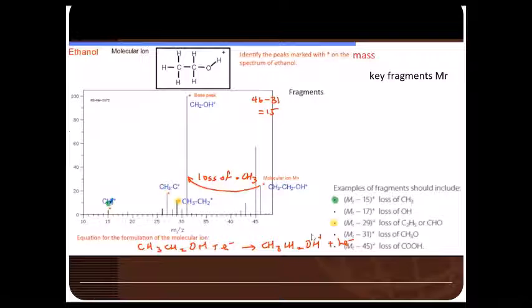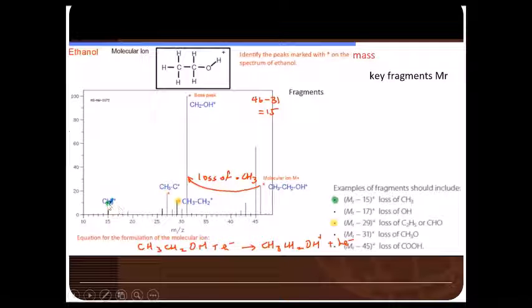Now, the molecular ion will be the largest peak in the spectrum. So our M plus is around 46 here on the spectrum. Our base peak is a peak that has 100% abundance, so it will be there at 31. Now we need to work out what these other fragments are.